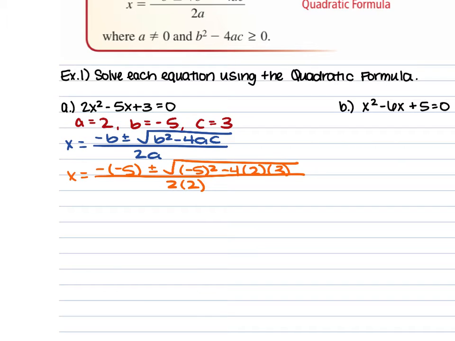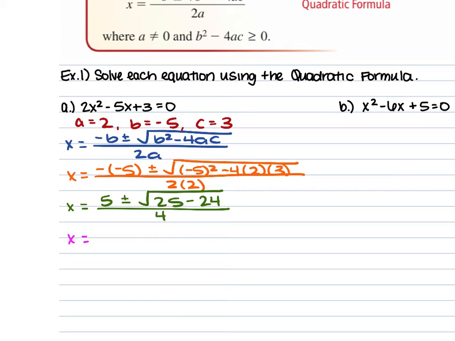The opposite of negative 5 is 5. Put that plus or minus, then the square root, that negative 5 squared is 25. Minus 4 times 2 is 8, times 3 is 24. So that's minus 24 all over 2 times 2, which is 4.